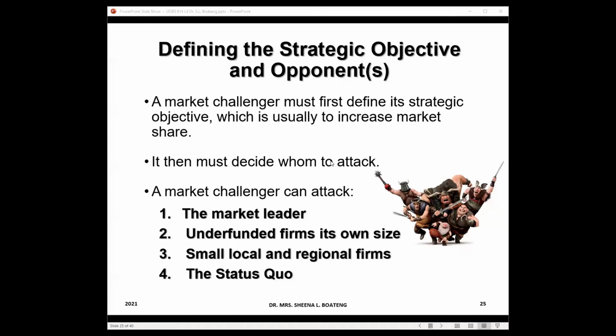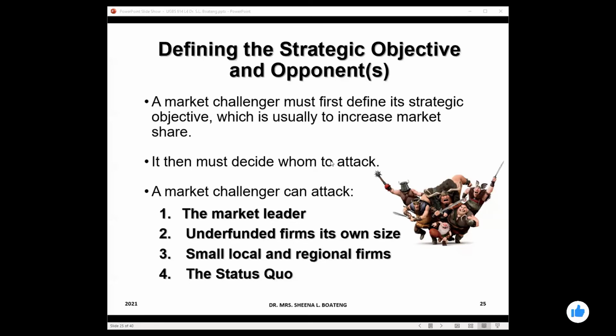And this attack, though very high risk, given the position of the market leader in the marketplace, can sometimes pay off, especially where the market leader is not fully satisfying the needs of the customers in the marketplace. The market challenger may have a chance of actually attacking the market leader and taking over in their place.